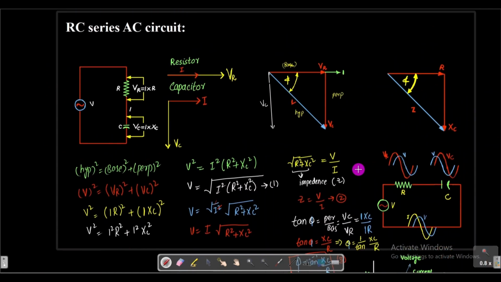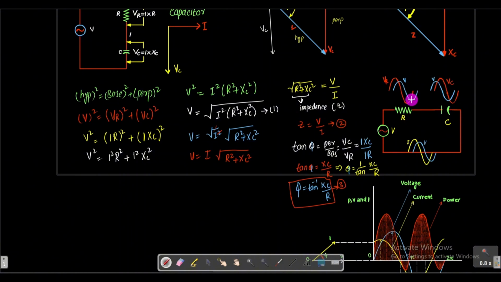So from here we conclude that this voltage, having this magnitude, is leading by this phi. This voltage, having this magnitude, is lagging from this VC by this phi, and here we have that same voltage, having this magnitude, lagging behind the current I by this angle.